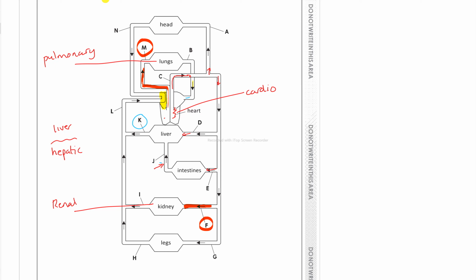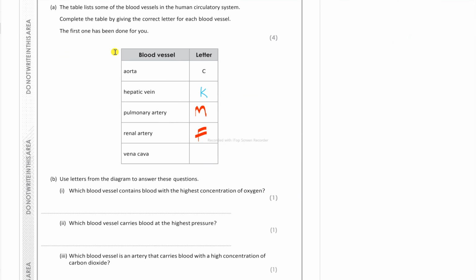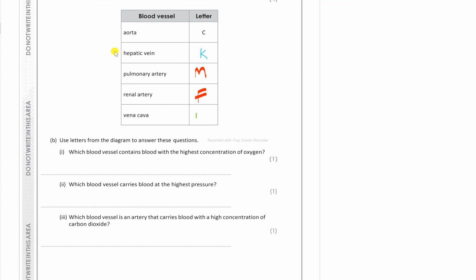So what's happening is, look, blood's coming in from the head. It's coming in from the lower body, and it's going into this chamber here, and that is the right atrium. Okay, fair enough. So that is N or L.